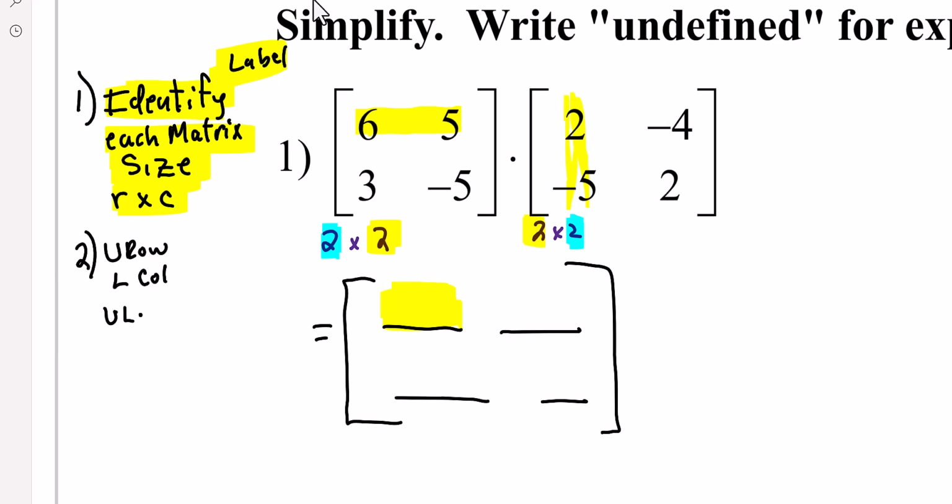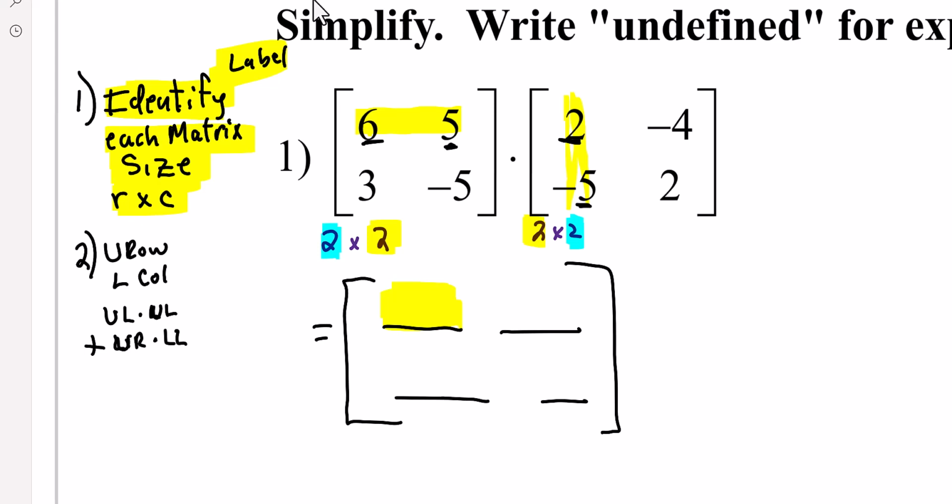Upper left times upper left. So 6 times 2 plus upper right times lower left. So upper right times lower left. And you're going to add those two things together.